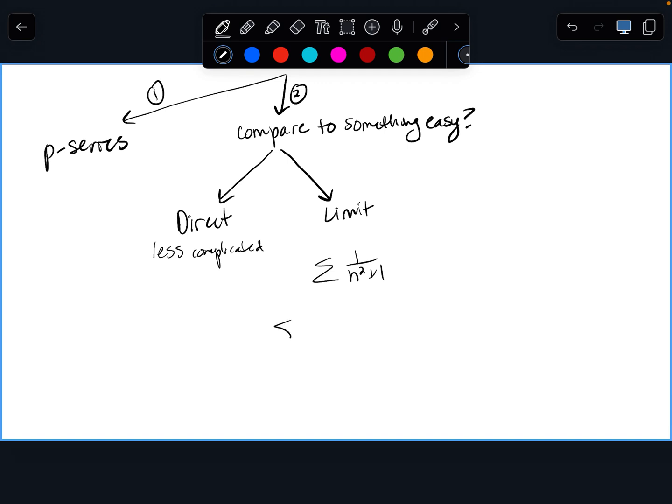Stuff with little pluses in it, or like n cubed plus 2n plus 1 over n to the 5th minus 3n squared or whatever. That I'll do limit comparison test with. Okay, because it's all n's. There's not factorials mixed in or 2 to the n power. There's not weird stuff in it. It's all kind of the same.